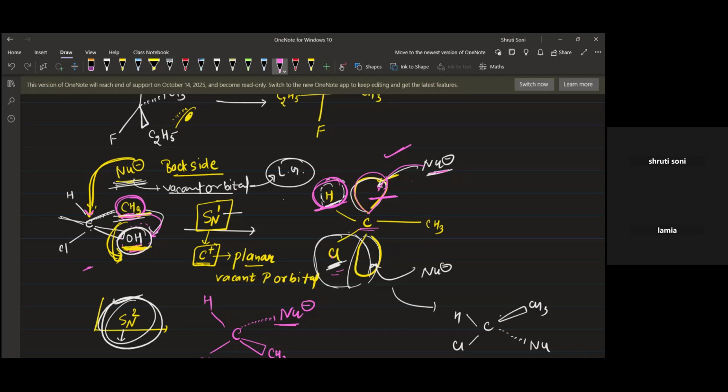We will start SN1 and SN2 with the alcohol portion. Whenever we go through functional groups and their mechanisms, we will go through SN1, SN2, E1 and E2. Do you have alcohol in your syllabus? I would have to double check.